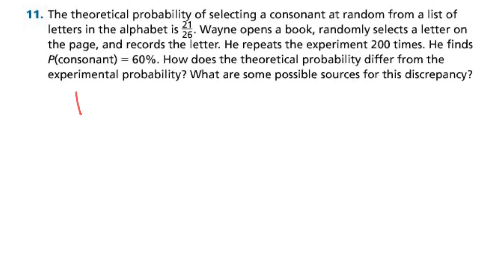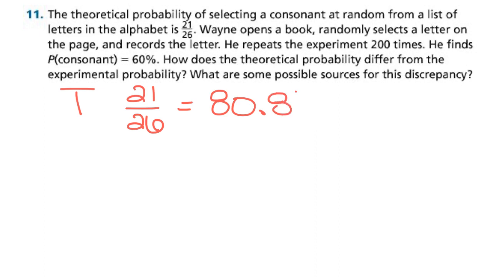The theoretical probability that we have to pick a consonant is 21 out of 26. That is about 80.8% probability of getting a consonant. The experimental probability of Wayne's experiment gave him 60% probability of getting a consonant.